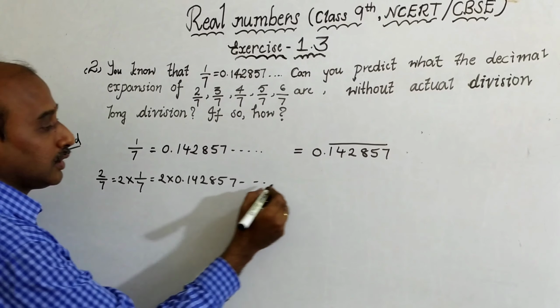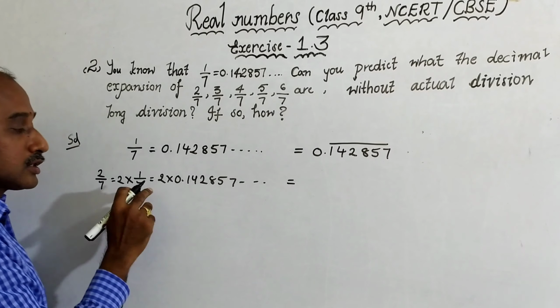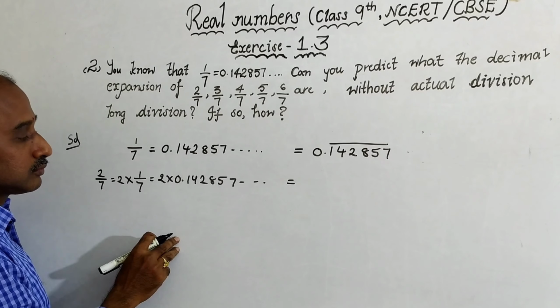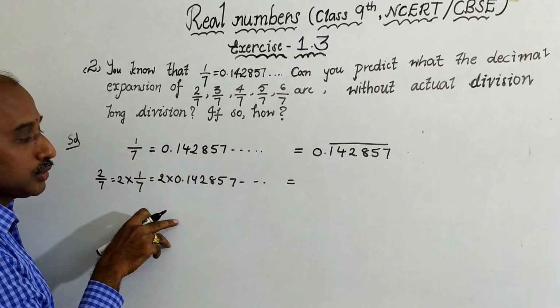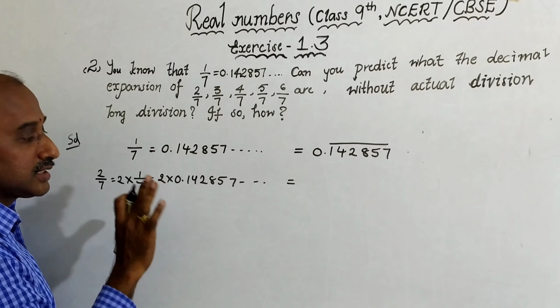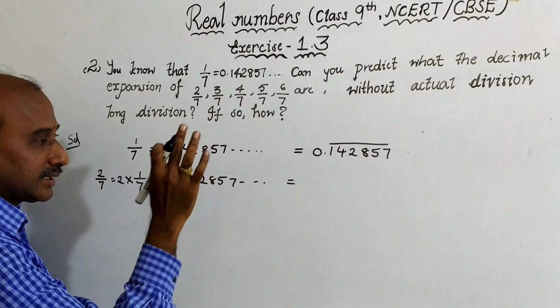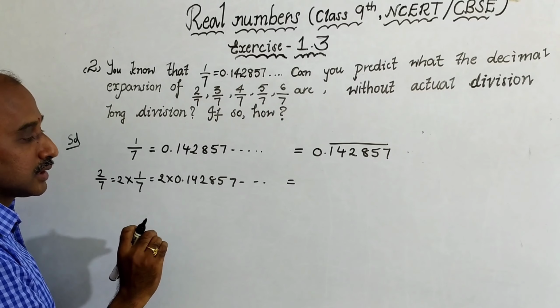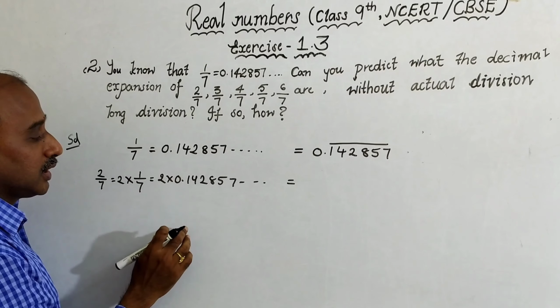Here, you can find the value without multiplying also. Actually we would have to multiply with 2, but instead of that we can write the value directly. How is it? Observe carefully.